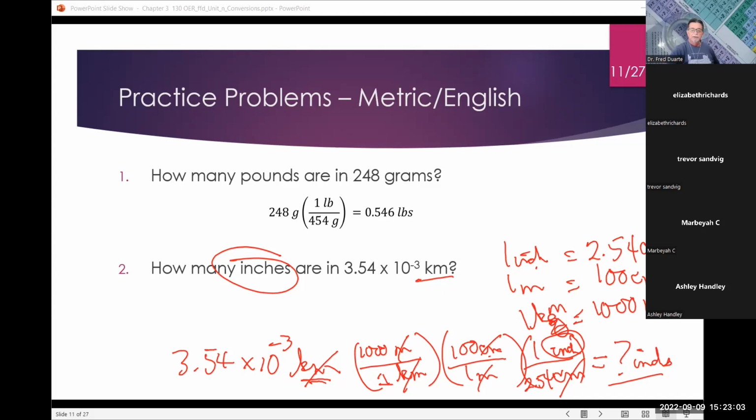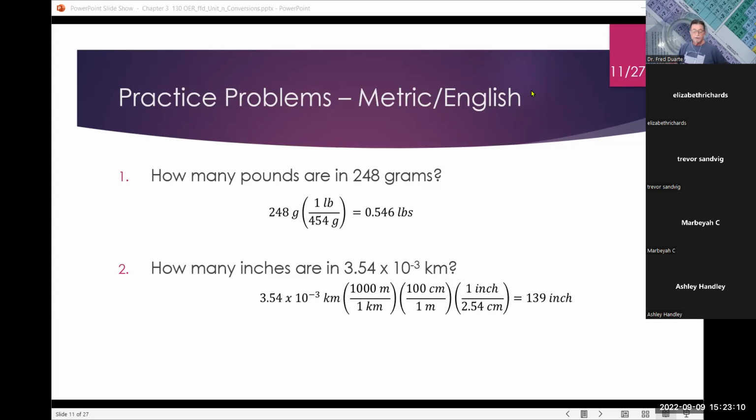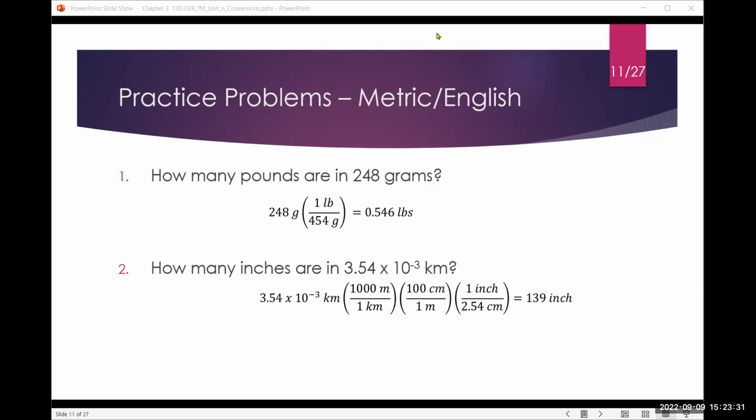Let me clear this up a little bit. And I end up with 139 inches in 3.54 times 10 to the negative third km. Remember, that is 10 to the negative third km. So when you put that in scientific notation, you want to make sure that you toggle that exponent, and that would be as follows.